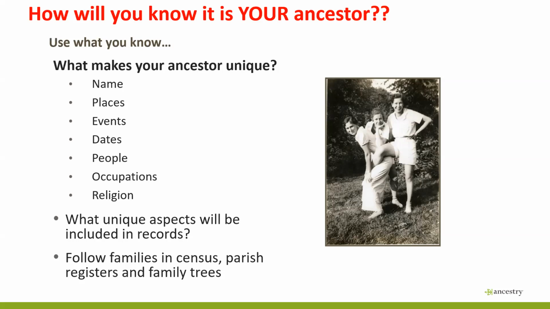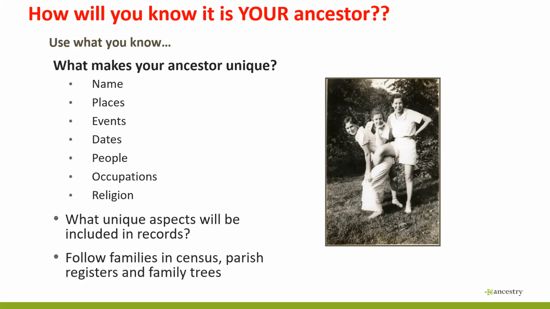And you also have to think what's going to be unique about the records that will get you the information that you're looking for. And this will come through your research guides or the book that you're looking at, no matter what country it is. And of course, you need to follow the families through in their lives.